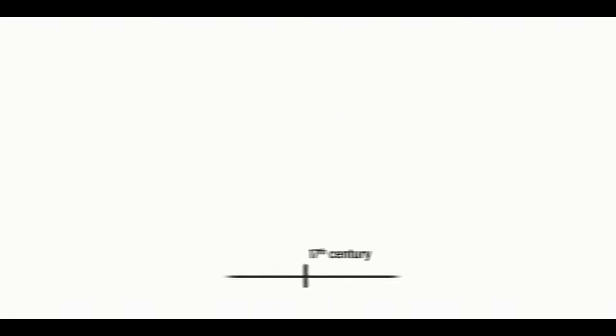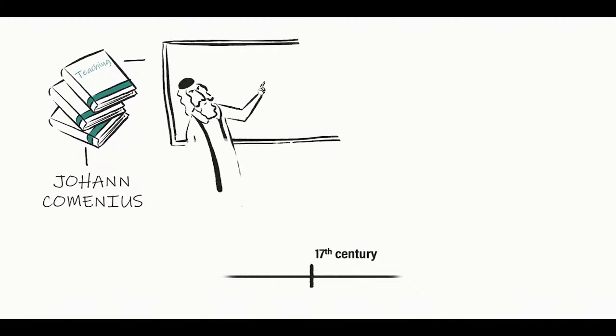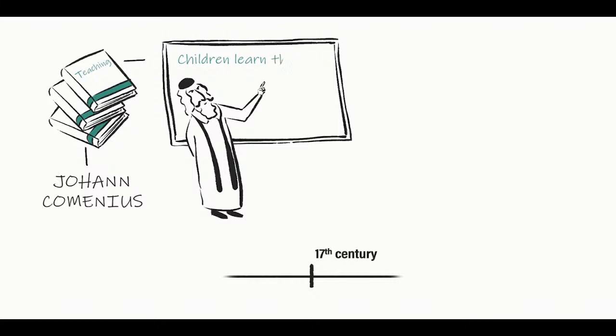Before the 20th century, a key influence in language teaching was that of Johann Comenius, a Czech scholar and teacher who published books on teaching in the 17th century. Comenius focused on the spiritual development of children, and he claimed that the way they learned was through association to the world around them.